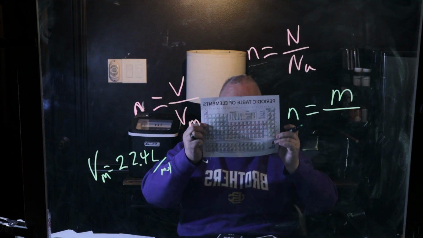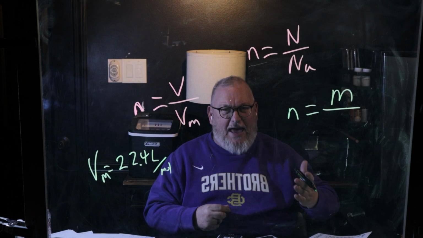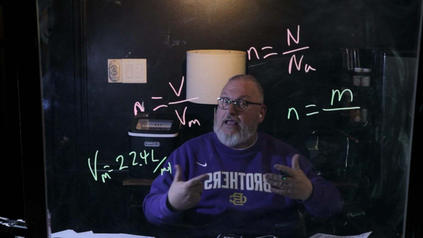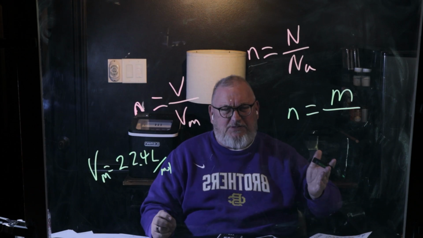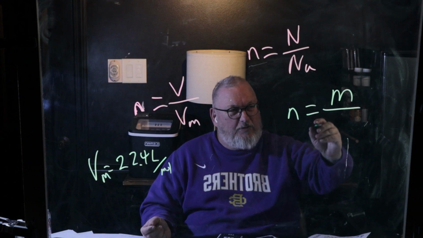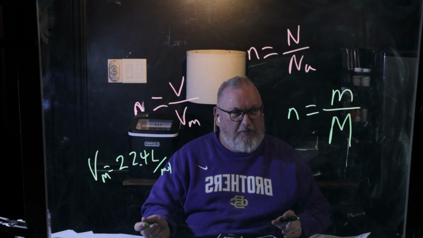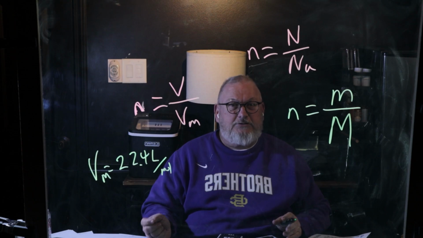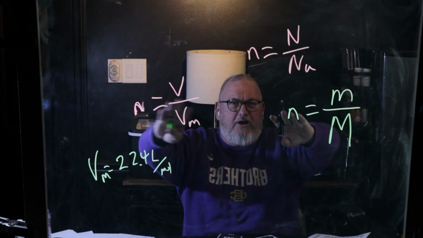The periodic table. We have to add up the individual masses in grams per mole, or amu for that matter, but grams per mole, to find the number of moles. So we're going to use that as a big capital bold M. All this equals the number of moles.